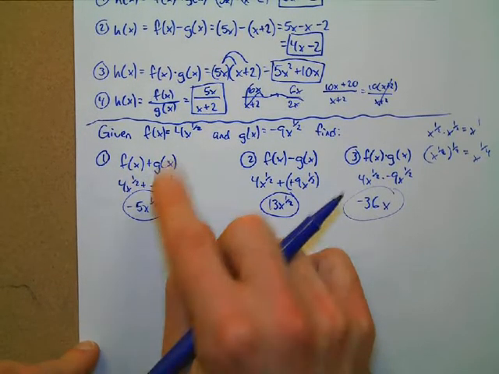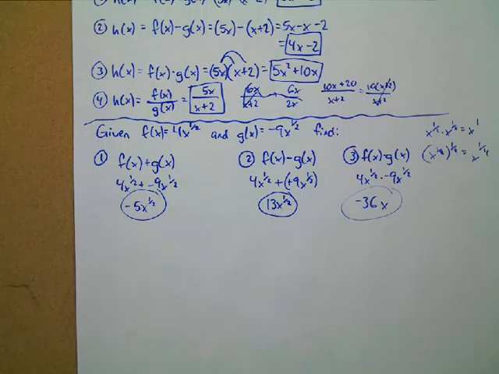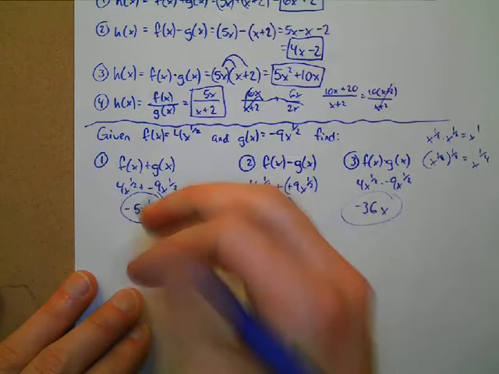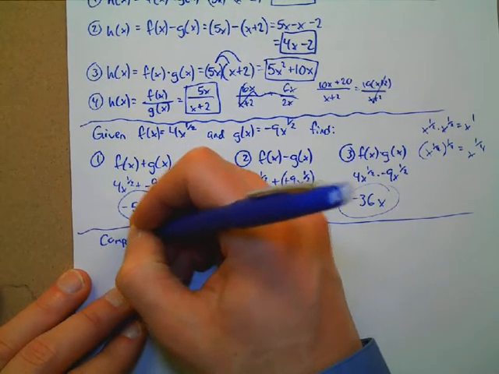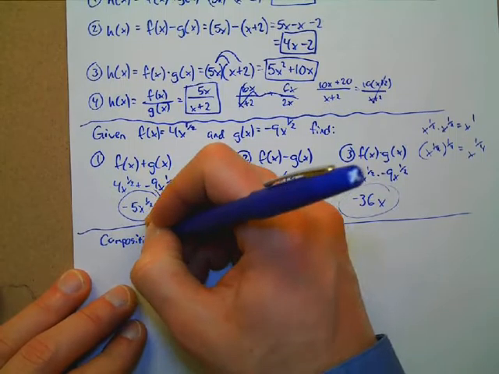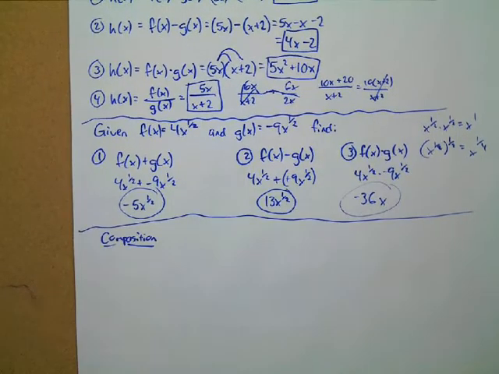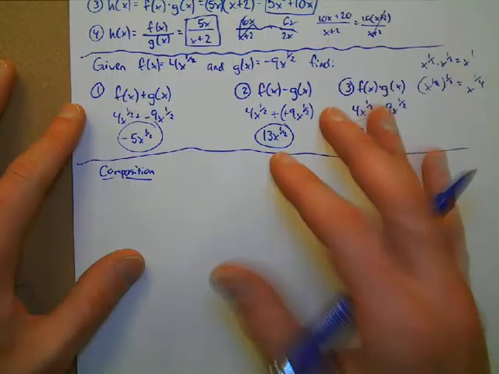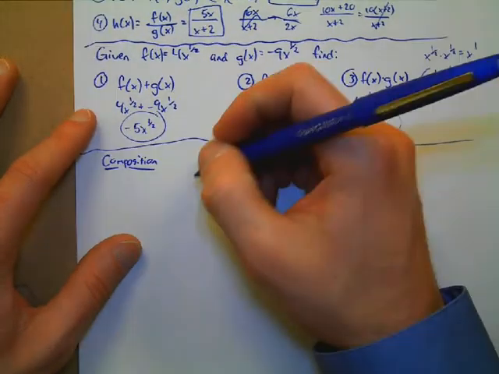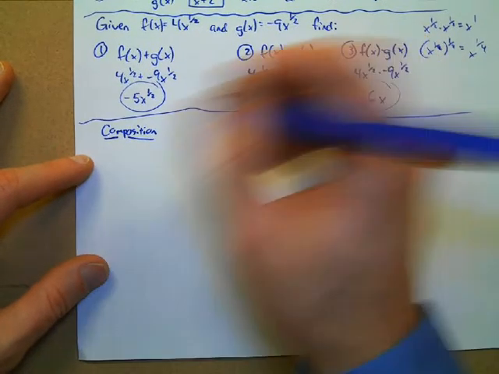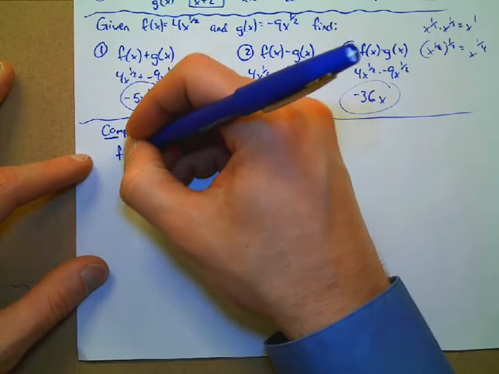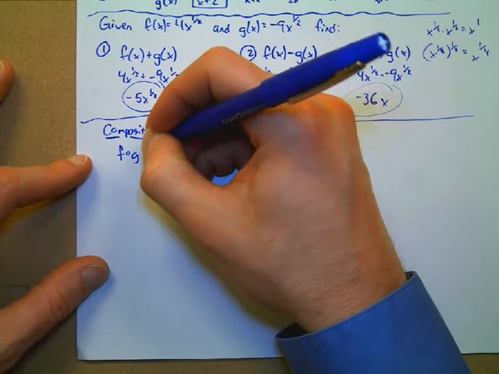So let me just put a little line here. You can see it written in a couple different ways. Sometimes you'll see it written this way: f, a little circle or a little o where a multiplication symbol might be. What does this mean?